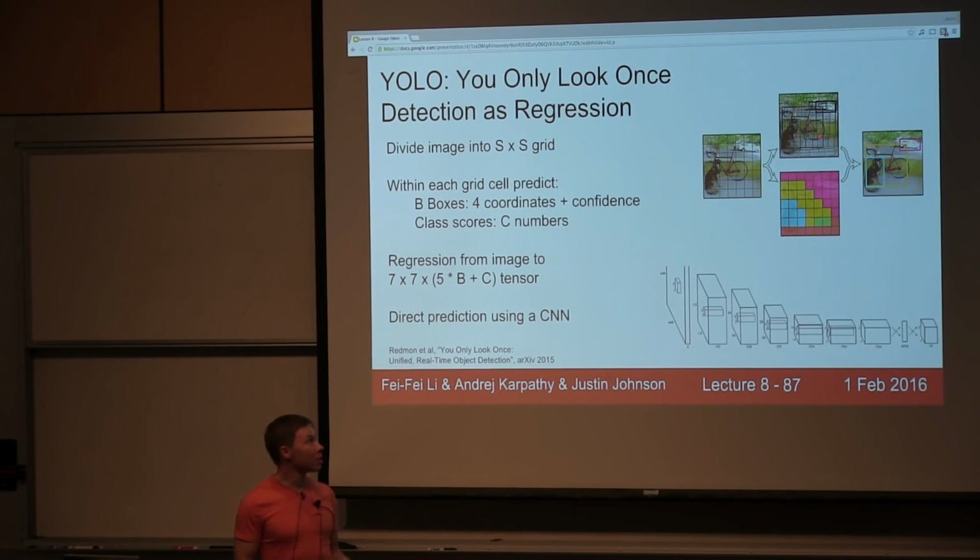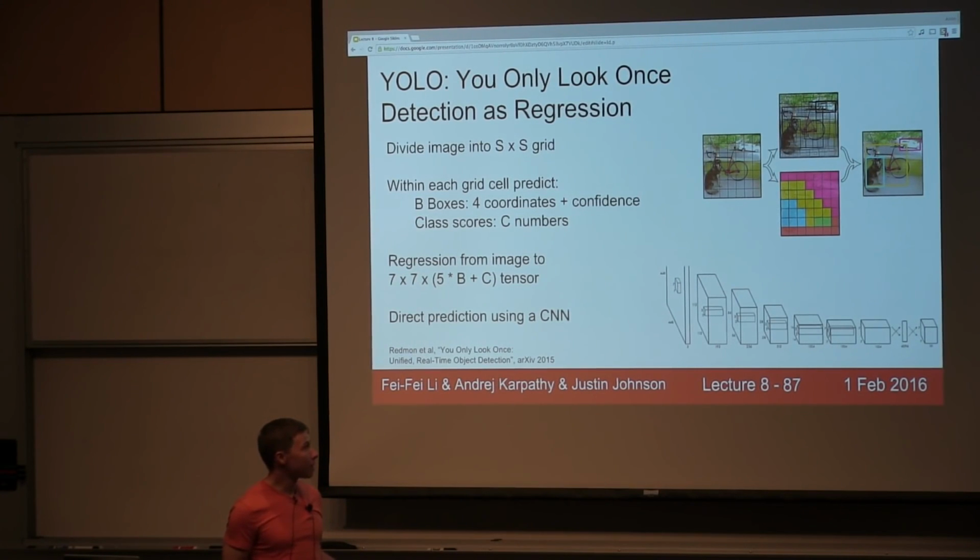Within each element of that grid, we make a fixed number of bounding box predictions. They use B equals 2, I think, in most of their experiments. So within each grid cell, you predict B bounding boxes, each with 4 numbers. You also predict a single score for how much you believe that bounding box, and a classification score for each class in your data set.